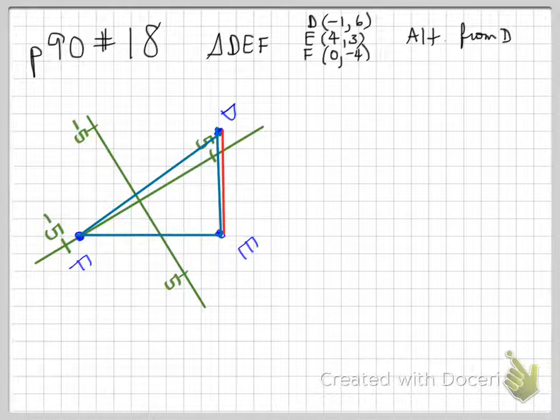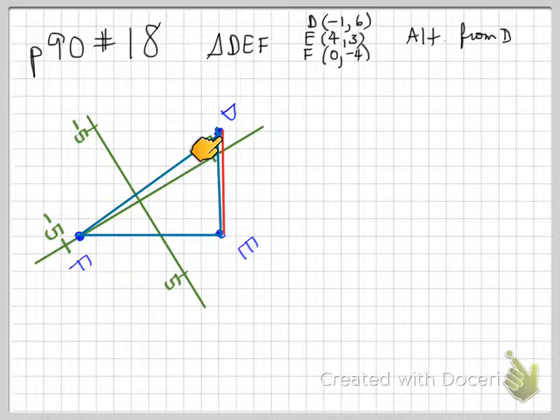All right, and what you're to do is find the equation of the altitude from vertex D. How do you find the equation of an altitude? Well, you find the slope of this side, and then you take the negative reciprocal. That will give you the slope of the red line.